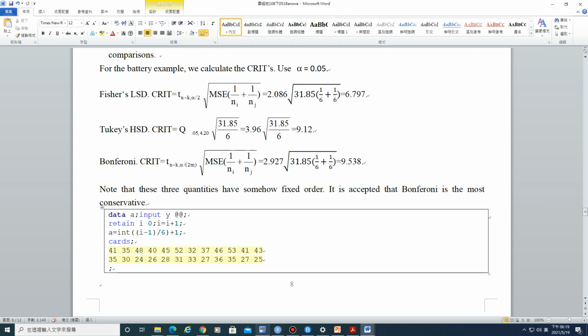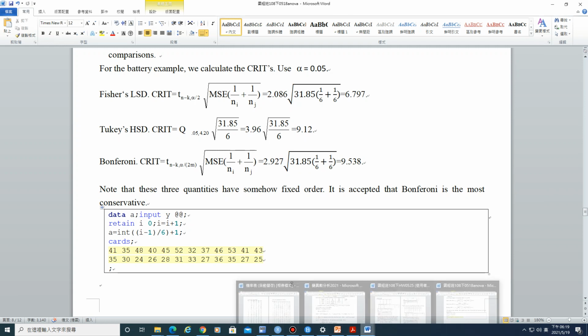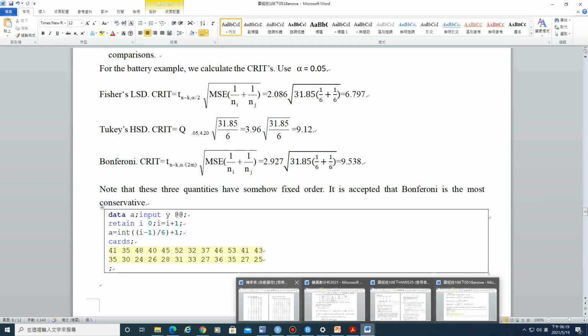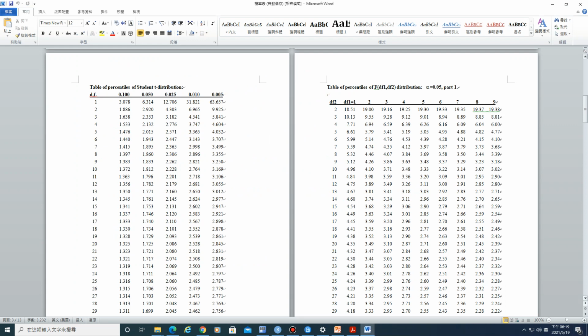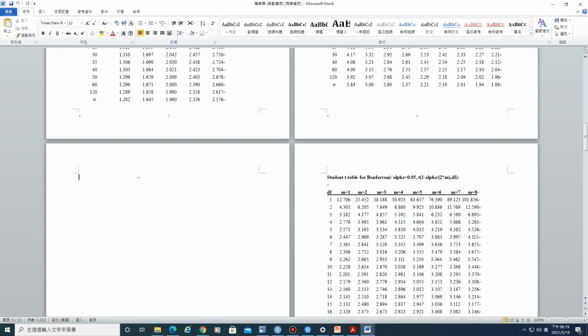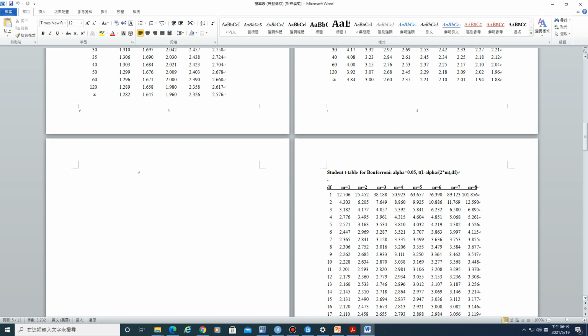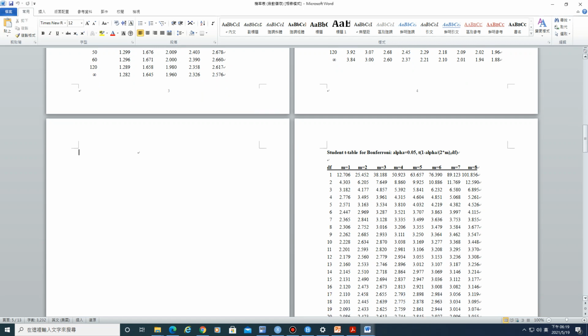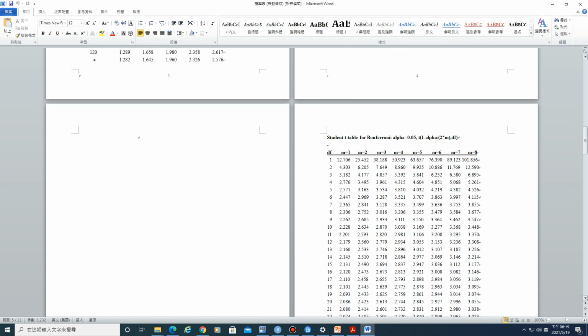Let me show you where it is. M is 6. The degrees of freedom is 20. When M is 1, nothing is done. Nothing is different.